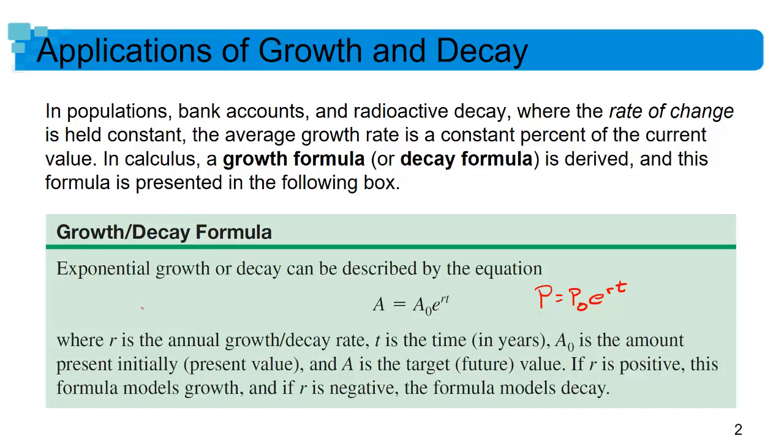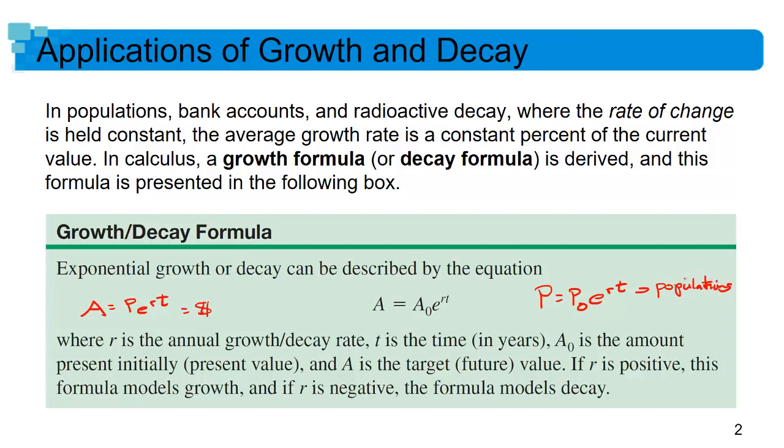Sometimes you'll even see where the variables are switched around and they'll have A equals Pe to the rt. There's no sub 0. And this is just A for future amount equals P starting principal e to the rt. This version of the formula is usually used when we're talking about money, so this is for continuously compounded interest. This one here is usually for populations of things.